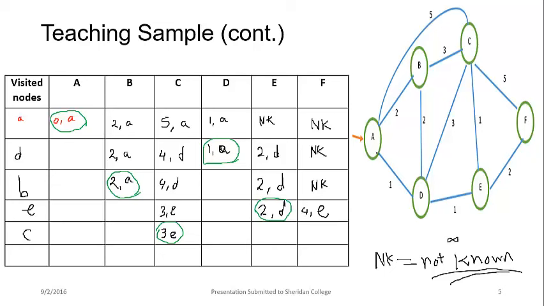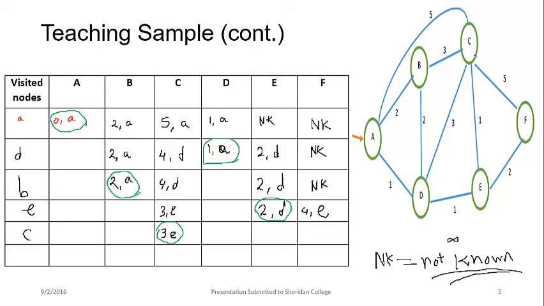But I started from A, D, 1, D, E, 1, 1, 1, that is 3, plus 5, which is C to F, that's 8.